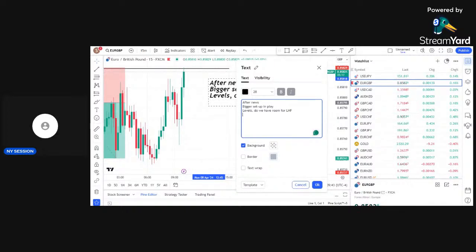Then usually the first 15, the late news candle on 15 minutes.